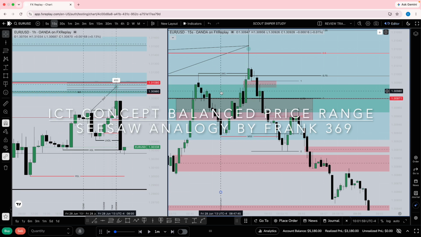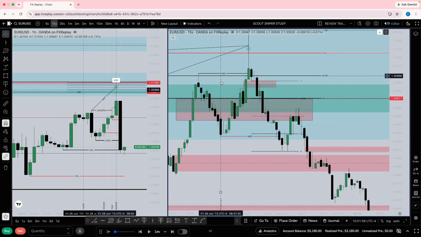That's what I learned from Frank 369 Zusi. Now, this delivery that came out of the balanced price range and closed below the market structure shift right here, look for the inefficiency that formed. You have an inefficiency here, you have an inefficiency here.